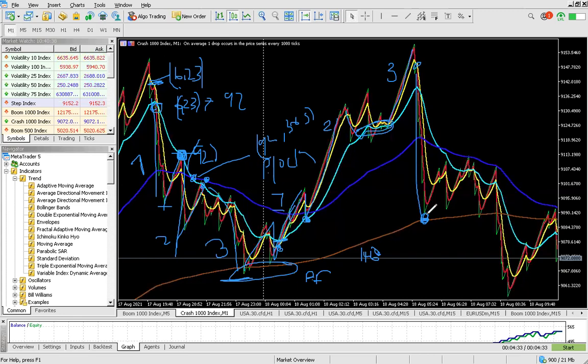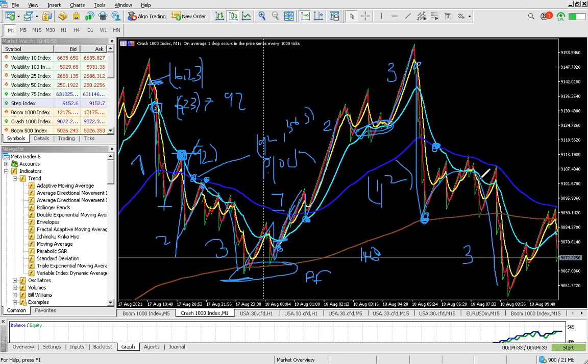There was no level 2 that was clear, but because the market actually did have a peak lock here, this becomes our level 3. And this becomes level 1 and 2 combined.